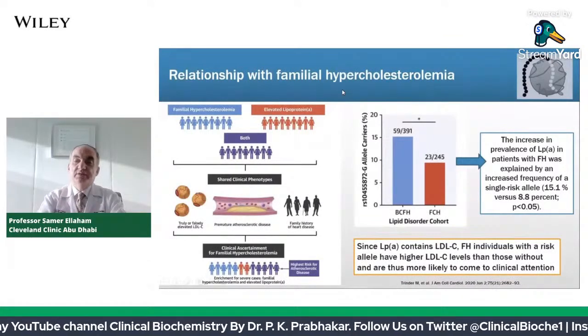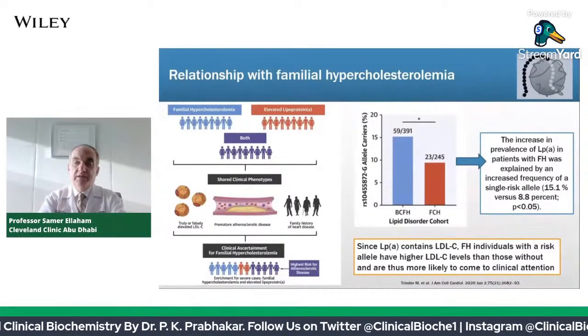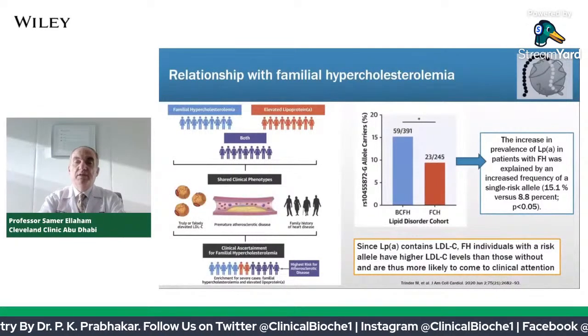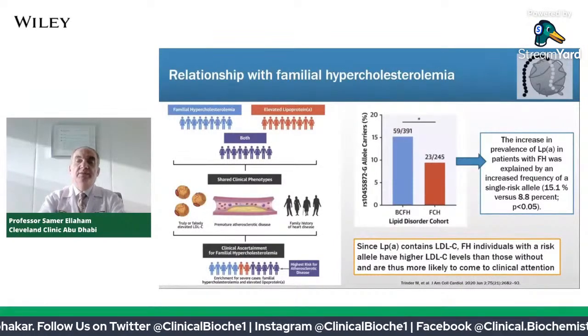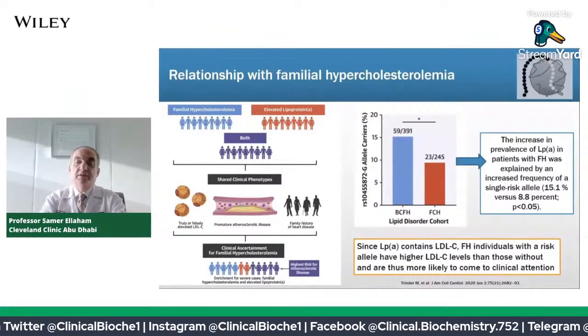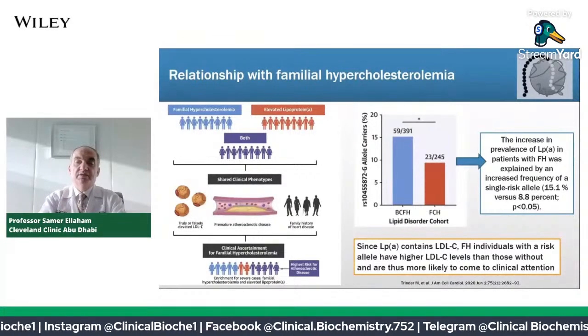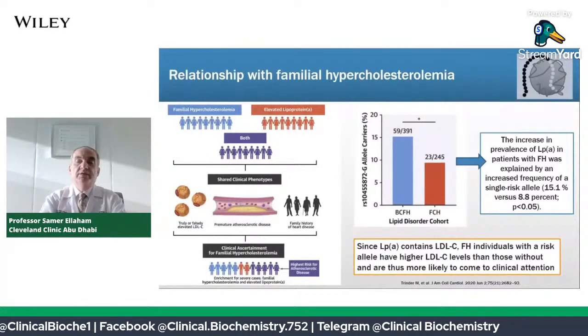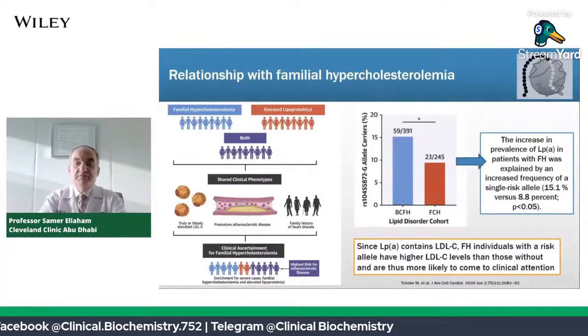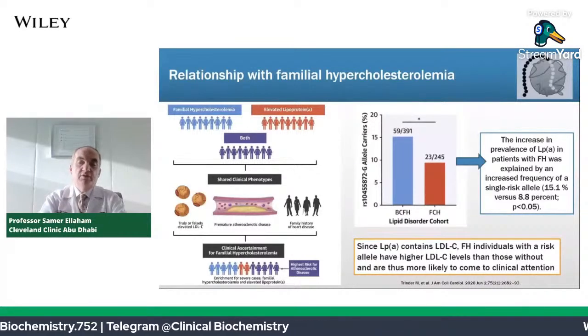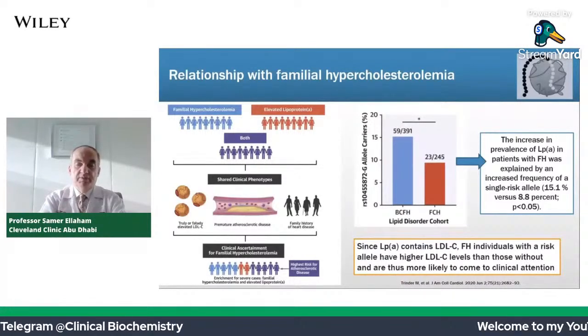So there is an increase in the prevalence of Lp(a) in patients with familial hypercholesterolemia, and that was specifically looked at as an increase in a single risk allele, in familial hypercholesterolemia.